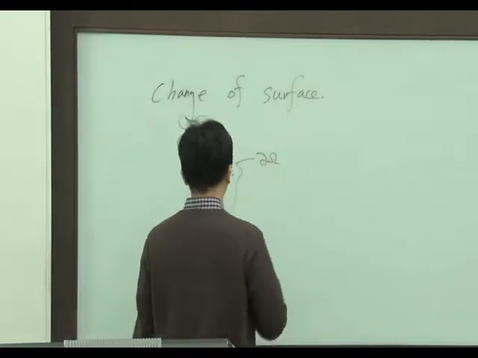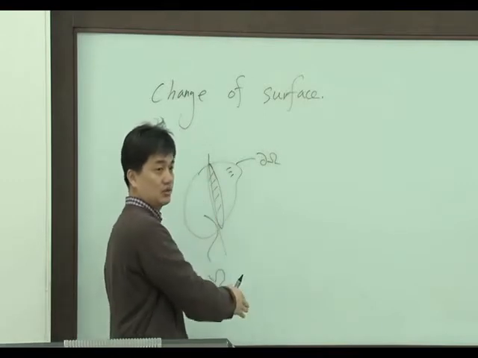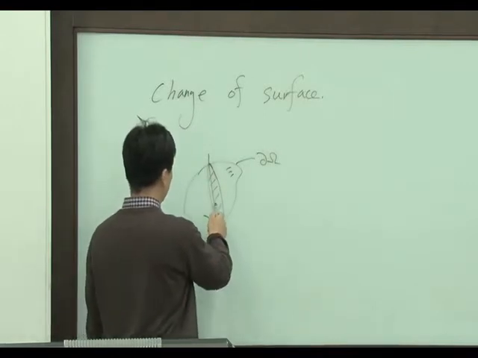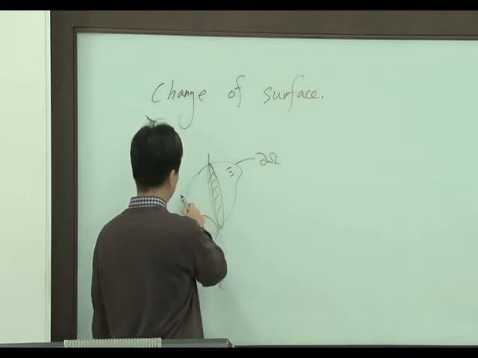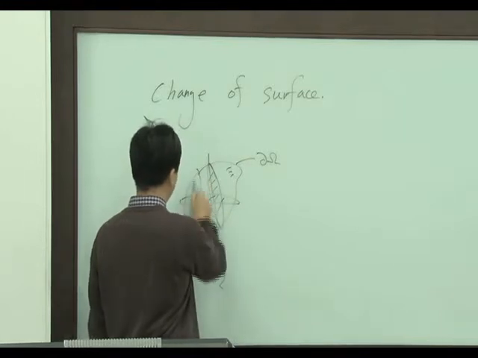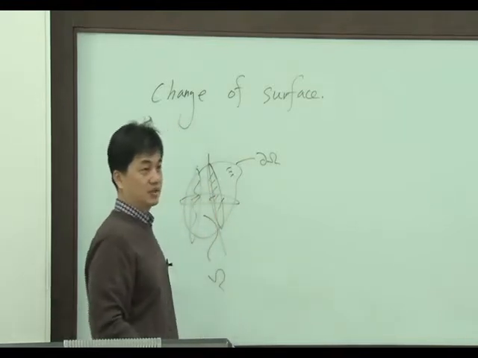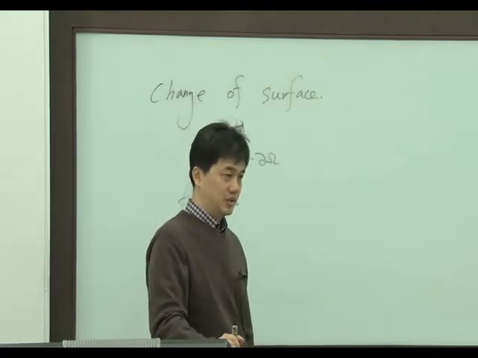It depends on how we cut this body and in which direction. For example, we can cut this body like this also. There are a lot of ways to make and define the internal surface, right?